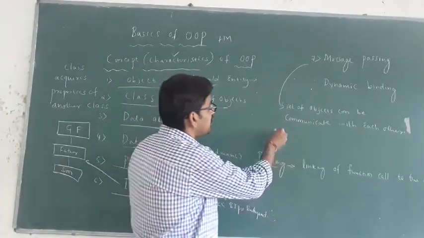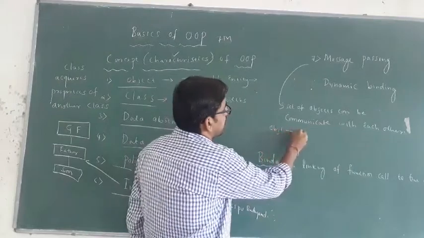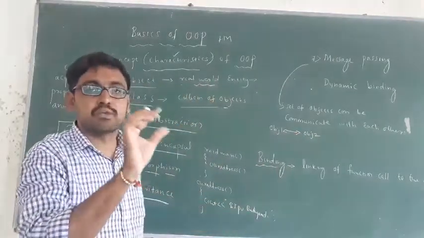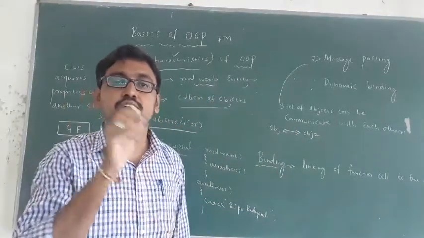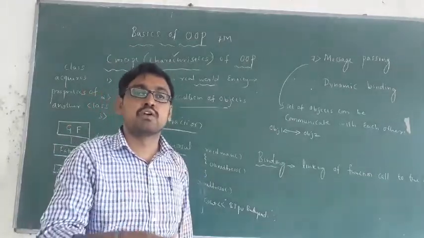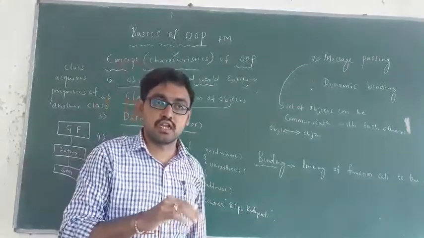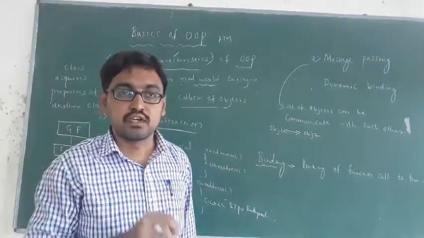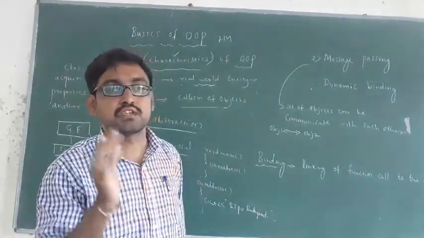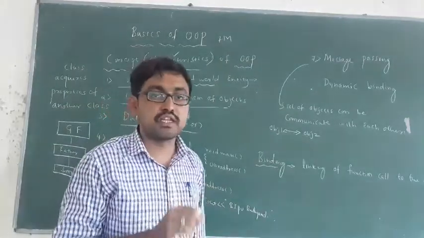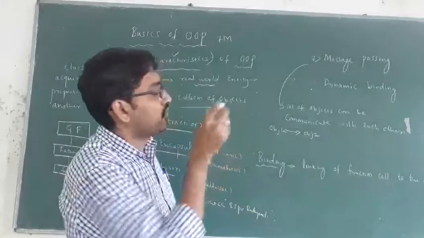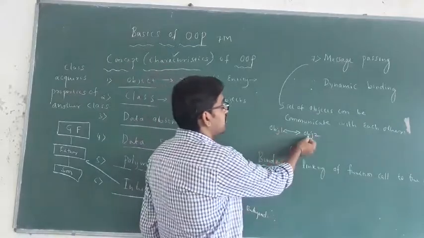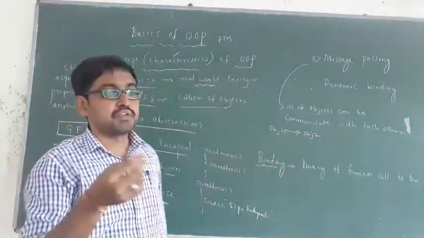For example, object 1 can communicate with another object. That process is called message passing. In a program, for now you just need to know the definition. Later, when you do programs practically, you will learn how objects communicate with each other. Message passing means the process of one object communicating with another object.